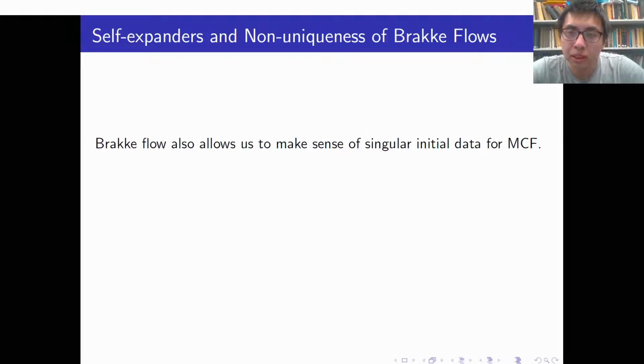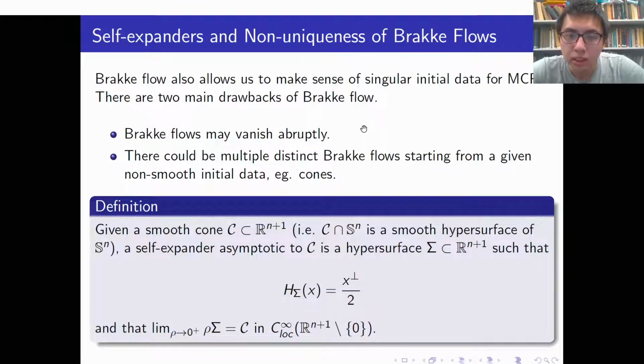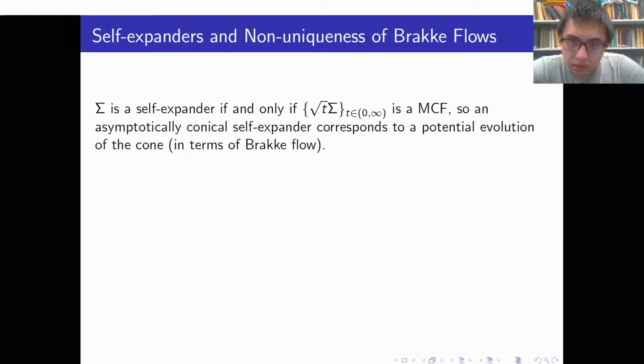And we talked about the evolution of cones, and in particular, one of the potential evolutions is the self-expanders. Then we talked about non-uniqueness of self-expanders, like there could be multiple self-expanders coming out of a given cone.